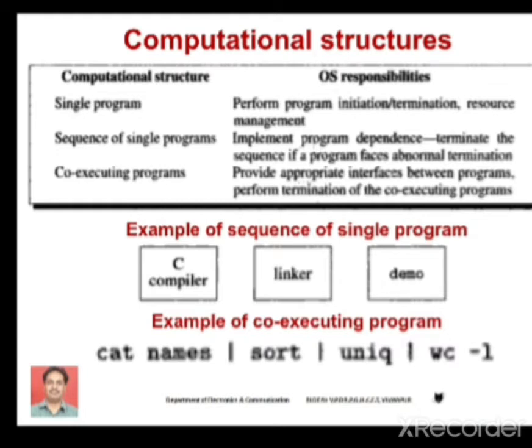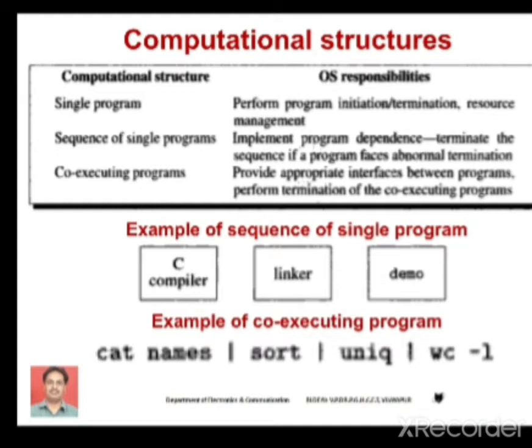As the name itself indicates, single program means a single program is executed independently by the operating system. Here the responsibility of the operating system is to perform program initiation, termination and resource allocation to the program. Here it is very simple. There will be only one program and this program is executed by the operating system.